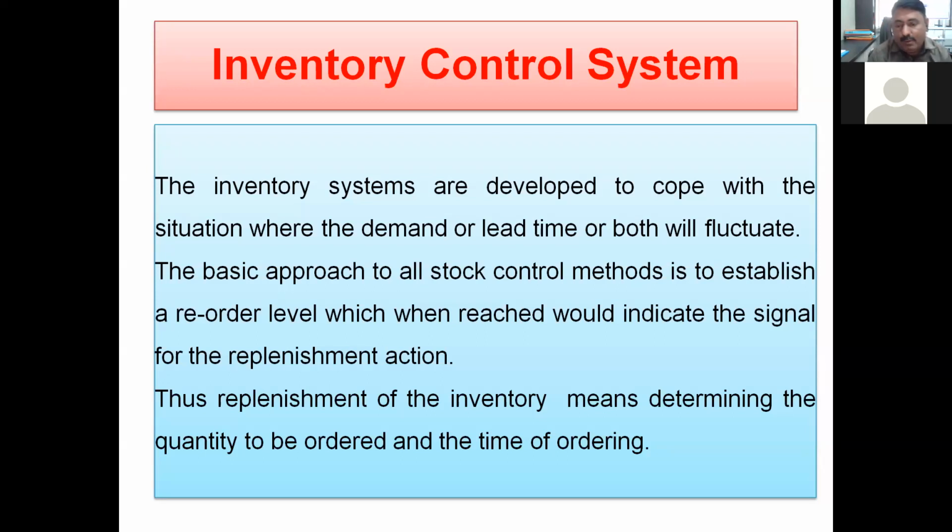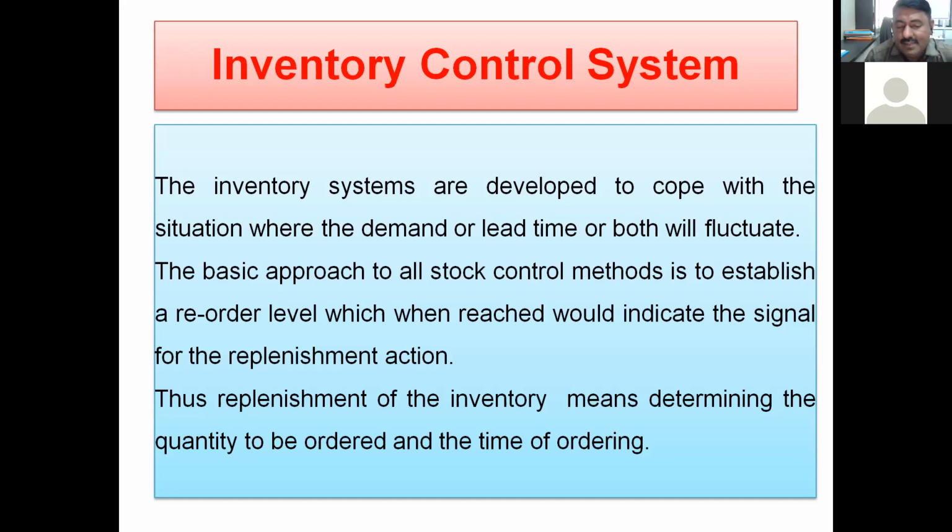The basic approach of all stock control methods is to establish a reorder level, which when reached indicates the signal for replenishment action. So the main function of the inventory control system is to go for reorder when we get a signal that replenishment is required. Replenishment, as I have already explained, means refilling. Once the stock has reached a certain level down, this is the time to go for the reorder level.